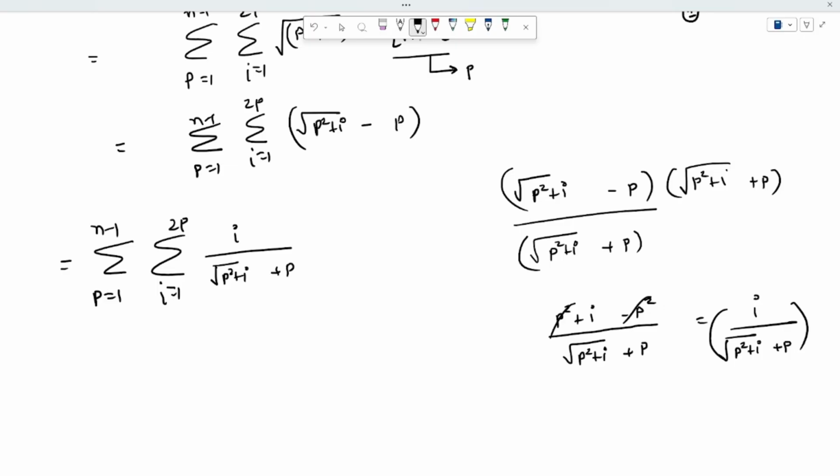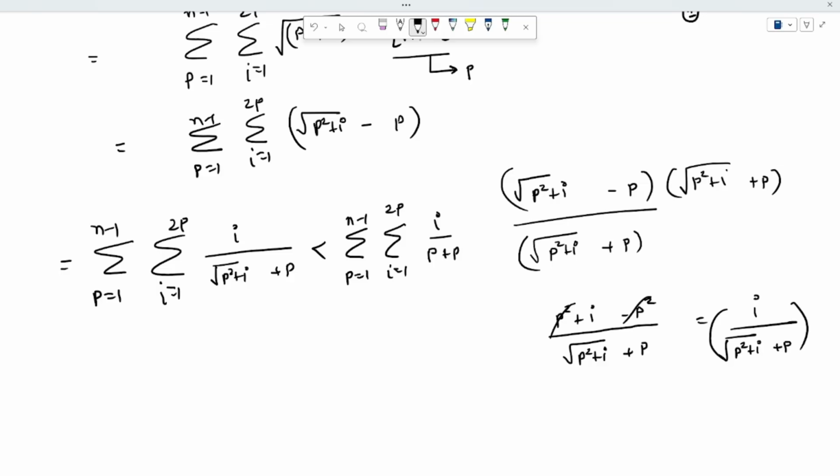And can we say that this number is less than the sum over p equals 1 to n minus 1 and i equals 1 to 2p of i divided by p plus p, because I just removed i here.